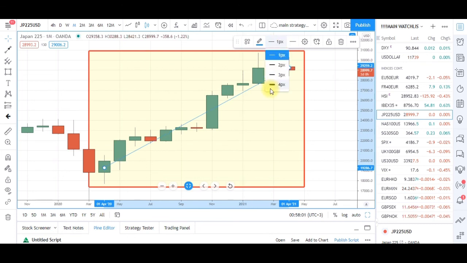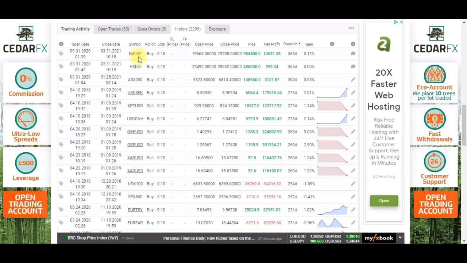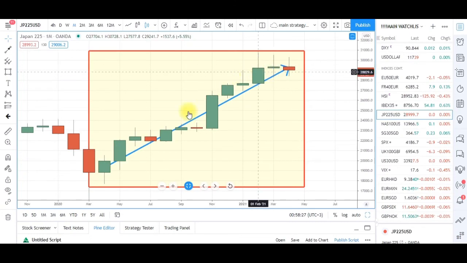So we see that what happened here on March 31st was absolutely correct. We went the right way. We made the right move, and we were able to close it 365 days later and profit based on the amount of points that were gained.